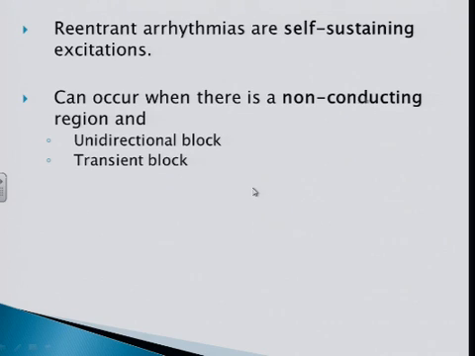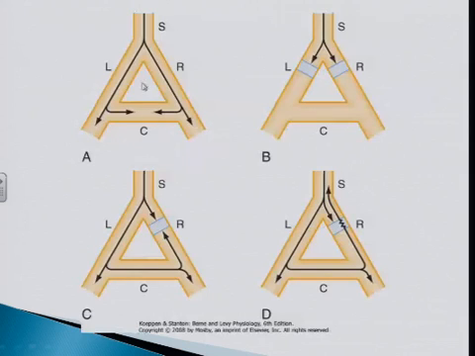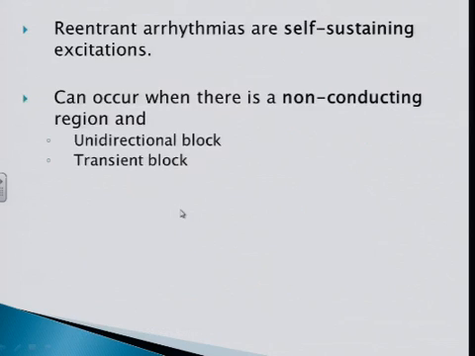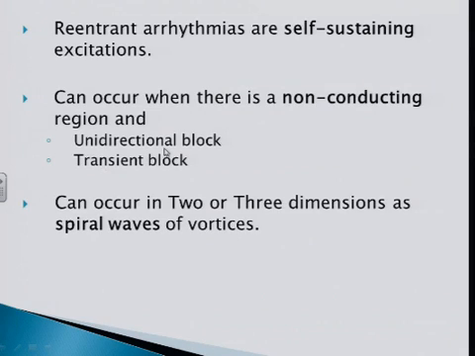So they can occur when there's a non-conducting region, something for it to propagate around, that region of block. So this non-conducting region, and either unidirectional block or an unfortunately timed transient block.